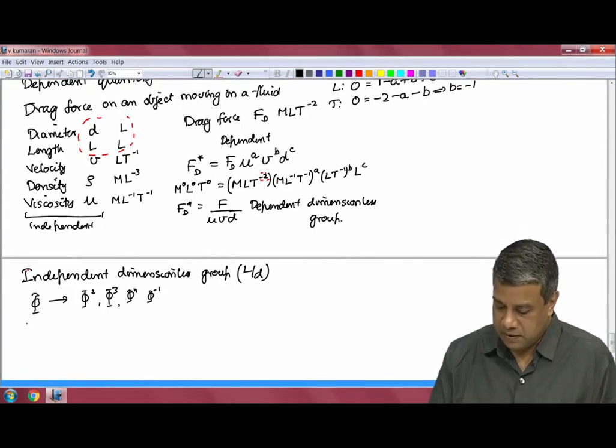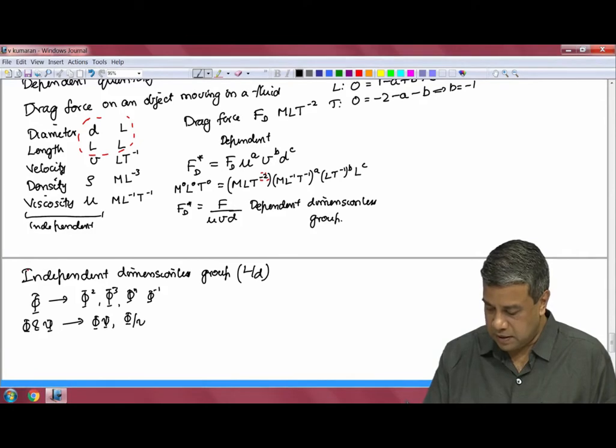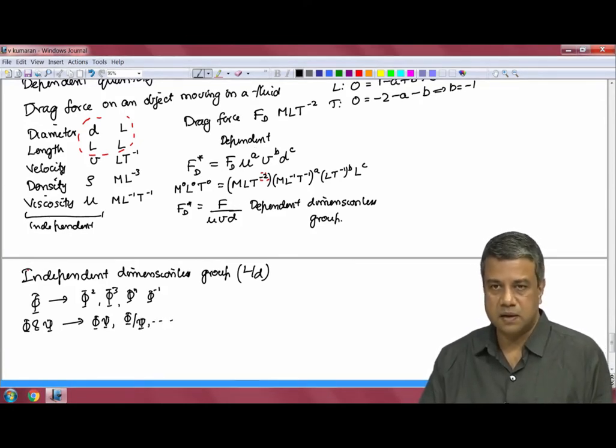Similarly, if I have 2 dimensionless groups phi and psi, it implies that any combination of these, phi times psi or phi by psi and so on, are also dimensionless. So, the definition of dimensionless groups is non-unique, and to make it unique you have to specify the exponent of any one of those quantities.